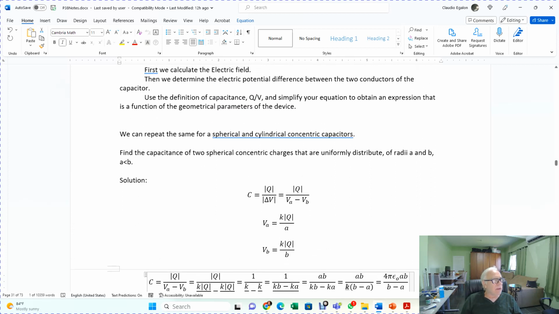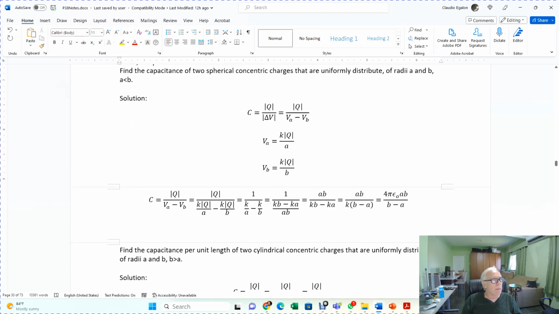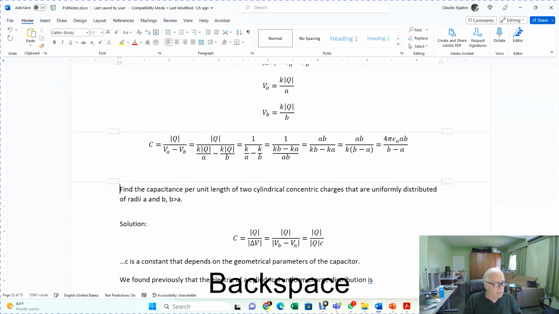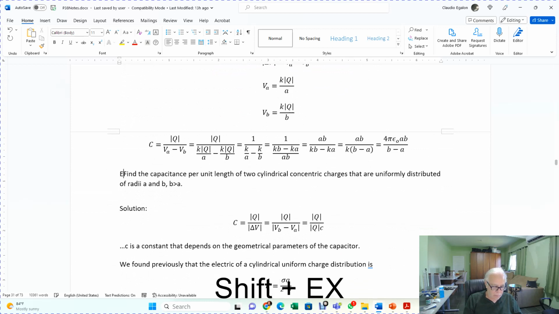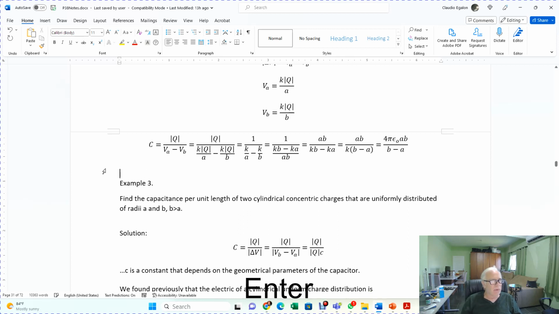We repeat that. Here you go. Here's going to be my example 2. Now, example 3. Find the capacitance per unit of length of two cylindrical concentric charges that are uniformly distributed.